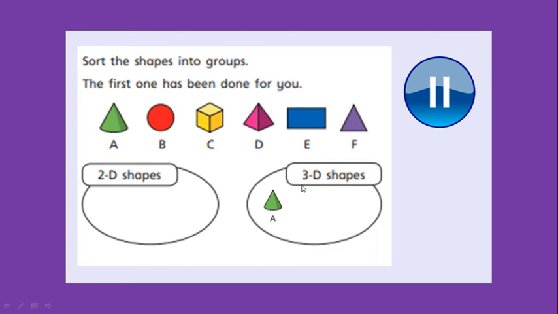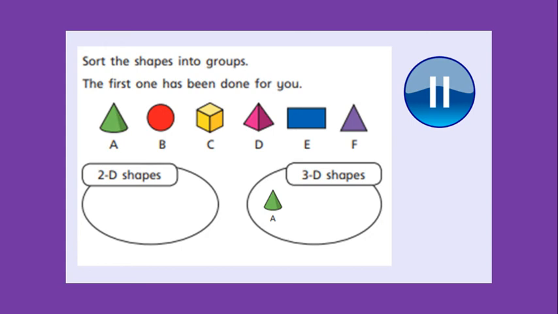And this one's already been sorted for you because a cone is a 3D shape. The way I always remember that a cone is a 3D shape is I can put a scoop of ice cream into a cone and it's a nice poppy out shape, isn't it?